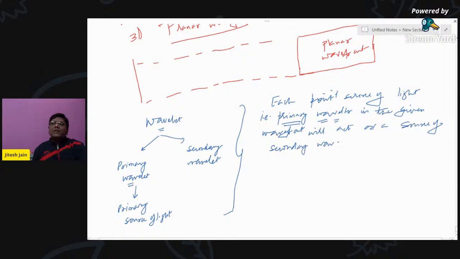That means the primary wavelet will form the replica of the secondary wavelet, and so the light is propagating.